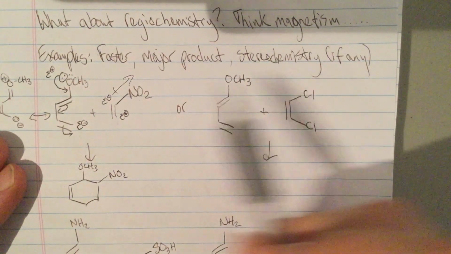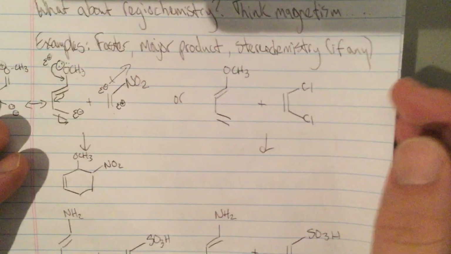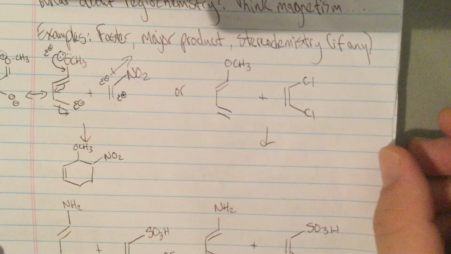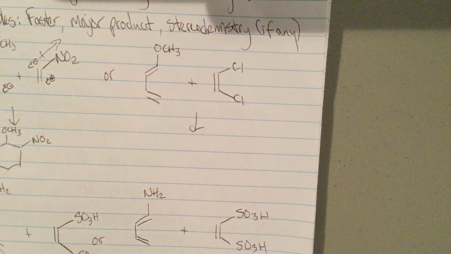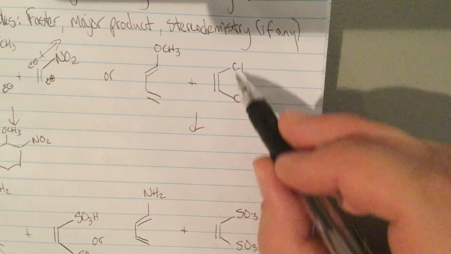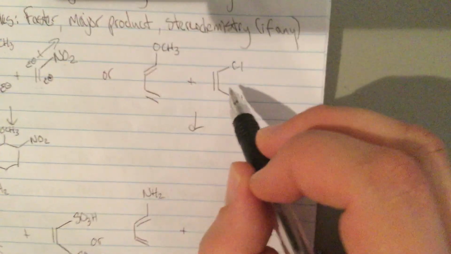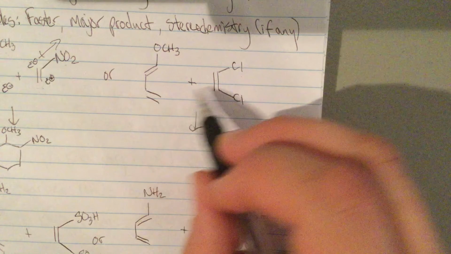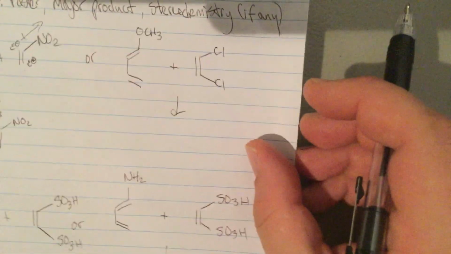We'll see the same sort of resonance structures for this OCH3 diene. Now, we're not really going to have any difference in terms of regiochemistry, but both of these are going to stick onto the same side, because that pi bond is going to reach out, and another one is going to reach out and, in a concerted fashion, form those 2 sigma bonds.